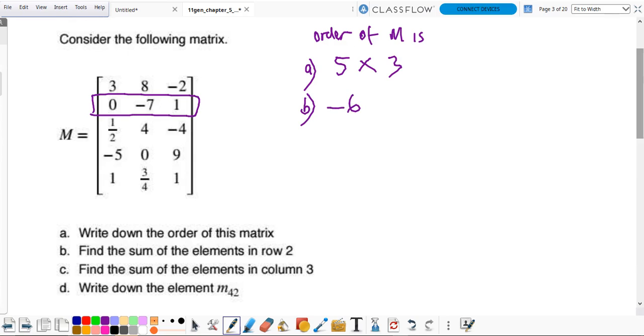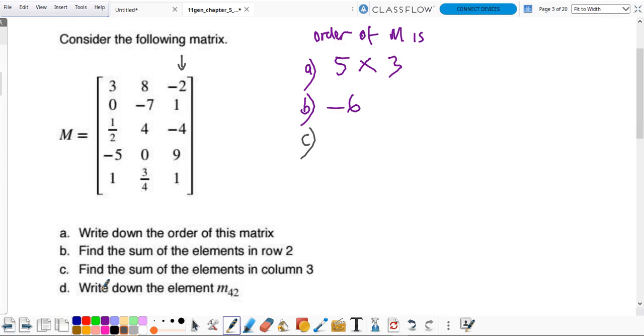Part C, find the sum of column number 3. Column number 3 would be this column right here.